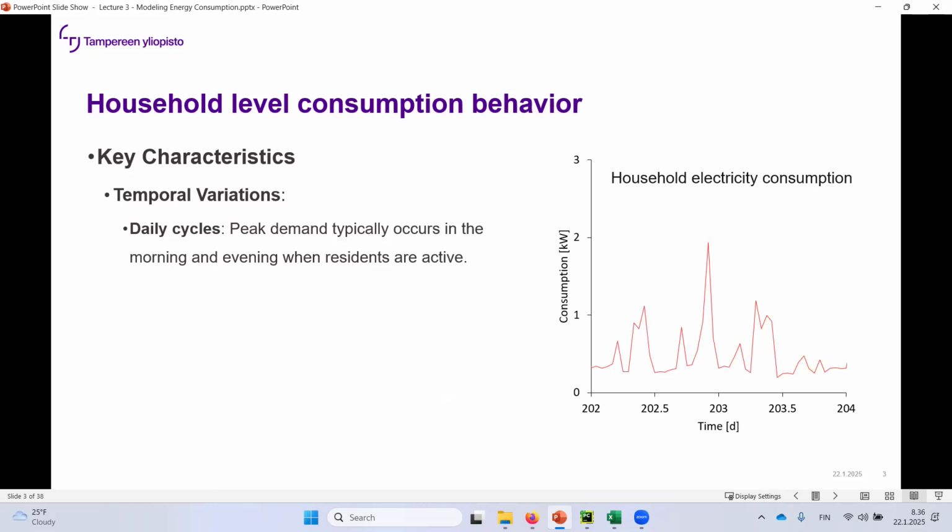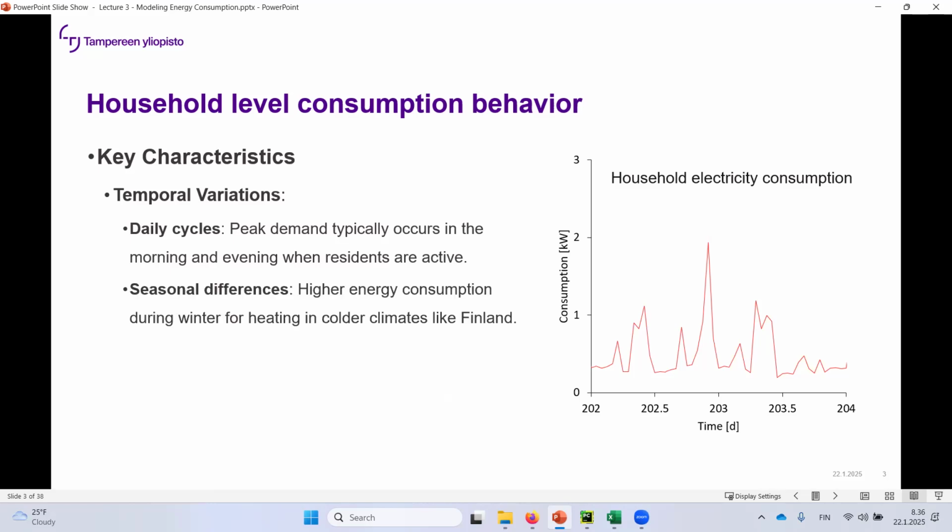And if you have this consumption data as such, and you don't have information about the behavior of those occupants and the weather, you can't do much with this. You can see, of course, how much it spikes in here and so forth, but you have to couple this with environment data always. Seasonal differences: higher energy consumption during winter for heating in colder climates like Finland.